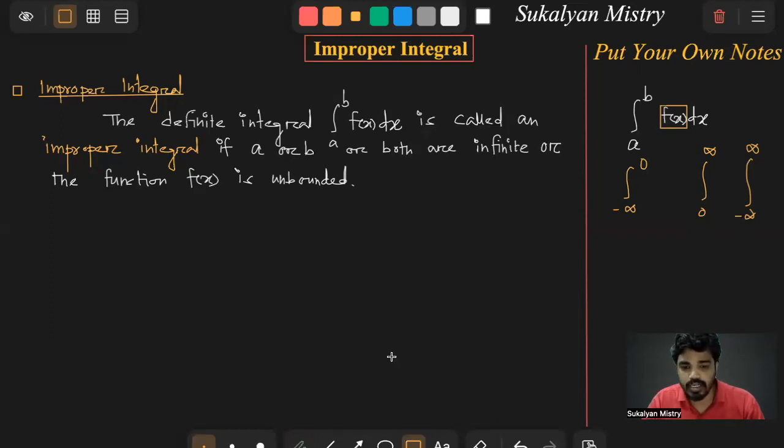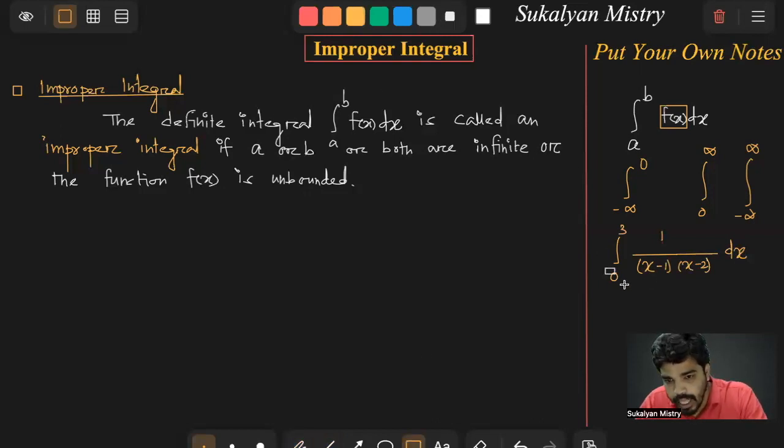Suppose we consider this example. Suppose integration 0 to 3, 1 by (x minus 1)(x minus 2) dx. See, here a and b are finite, but this function f(x) is unbounded.